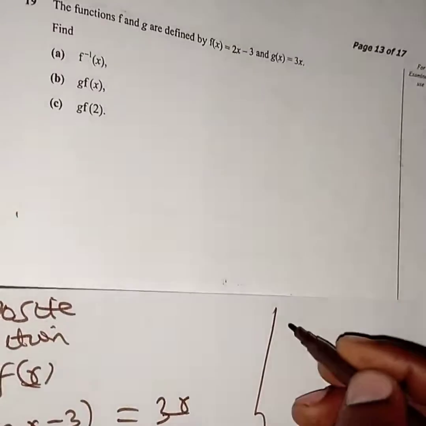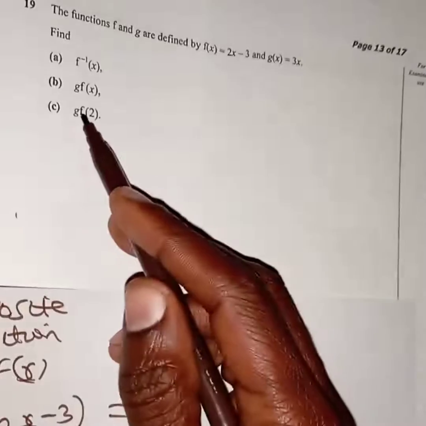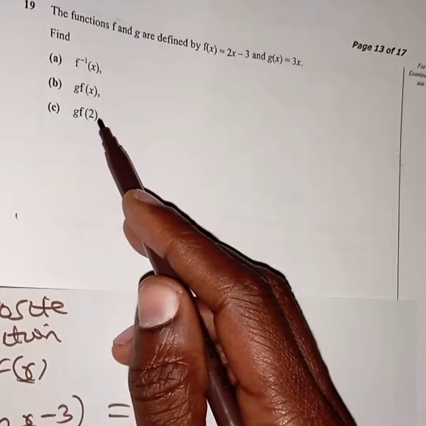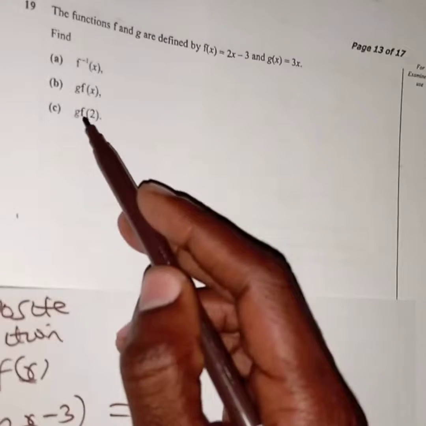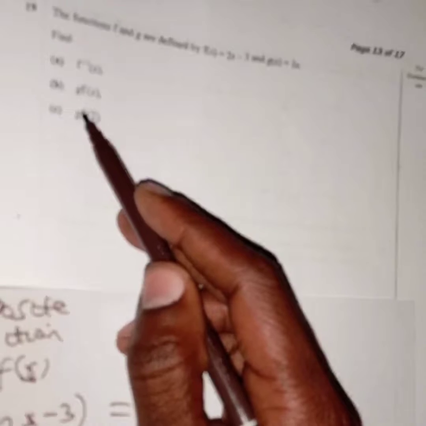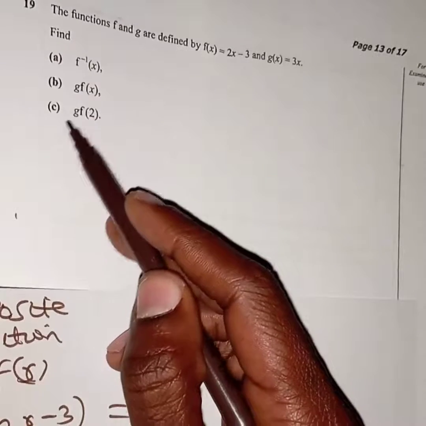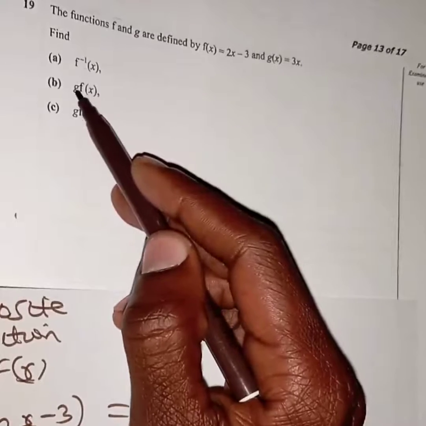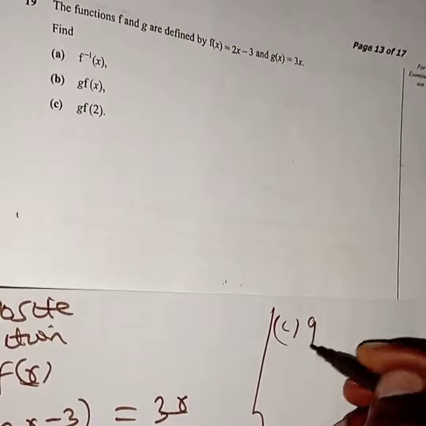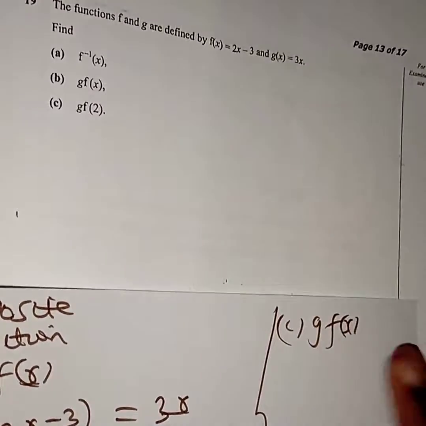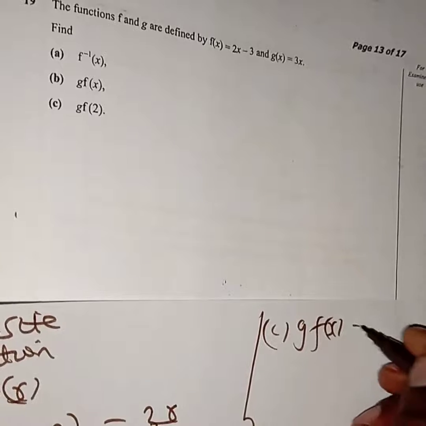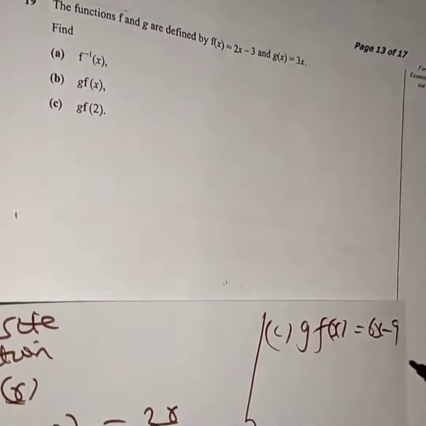Next, we go for C. C, they're saying the g f of 2, meaning ask yourself, do you know the g of f, which was the composite function? Yes, we found it here. It was 6x minus 9.